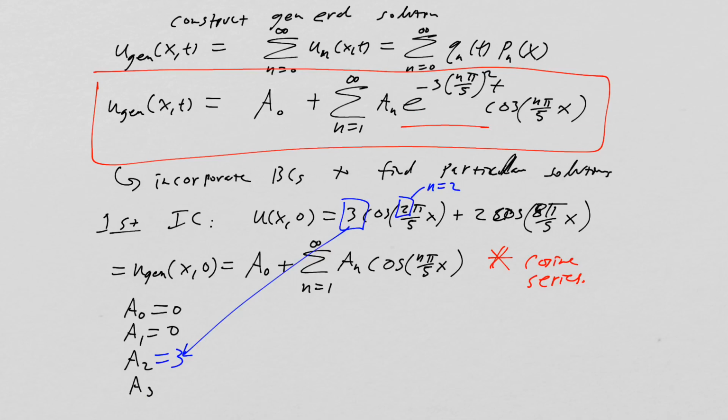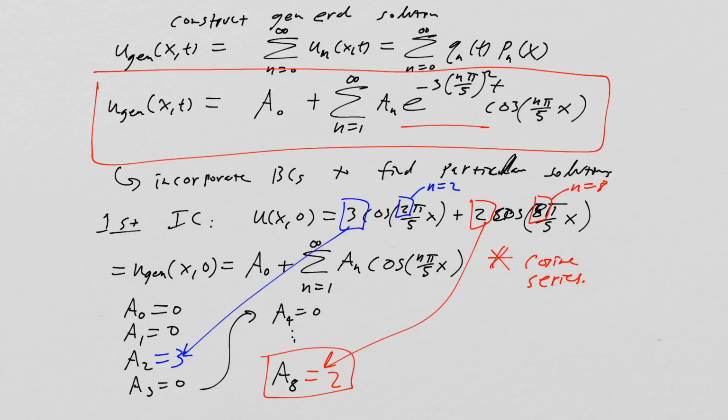And then, of course, a3 is equal to 0, a4 is equal to 0, and so on until you get to a8. And now if I look at a8, so there is n equals 8, and it has a coefficient of 2. a8 is the constant 2. And of course an is equal to 0 for all else.